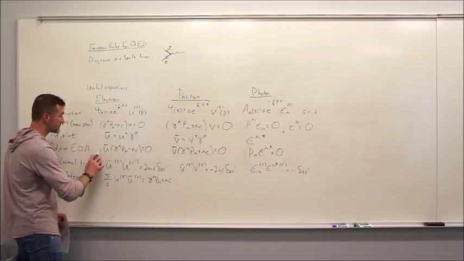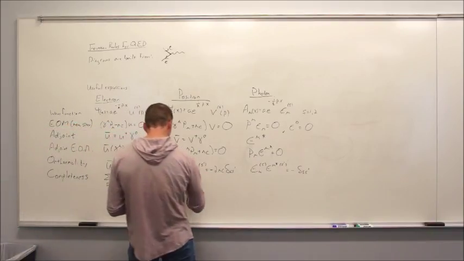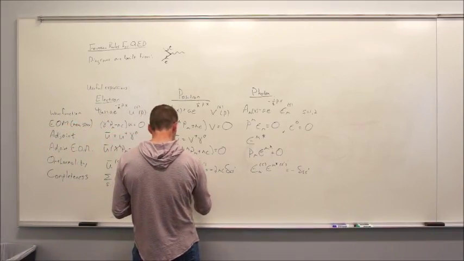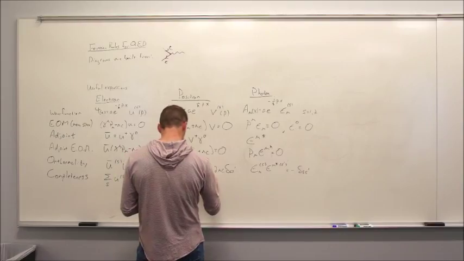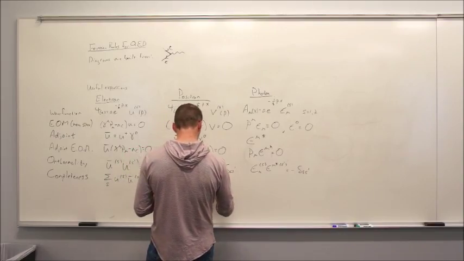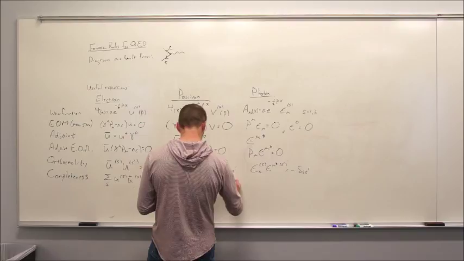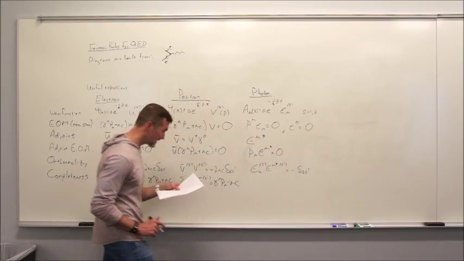All right. And then we have a completeness relation for the spinors describing the antiparticles, and you could probably guess what this is. It's the same up to a minus sign.